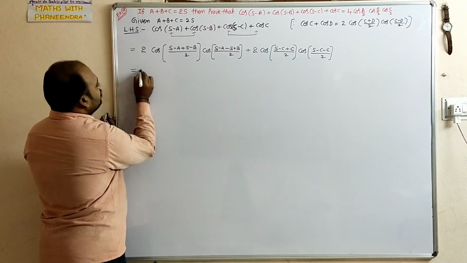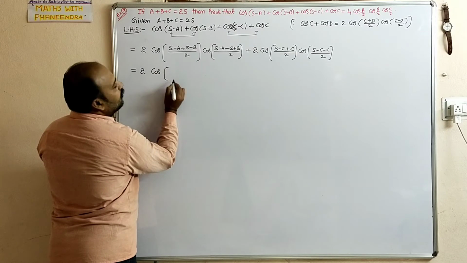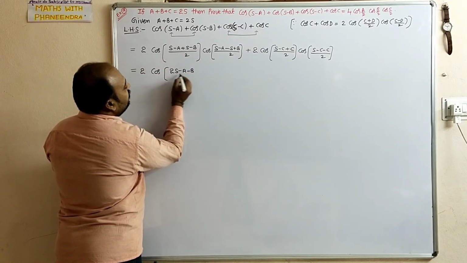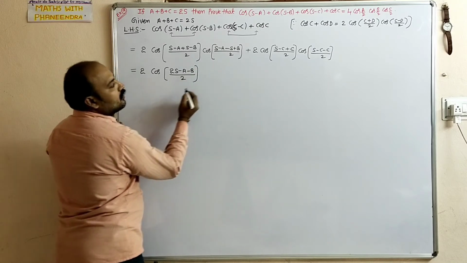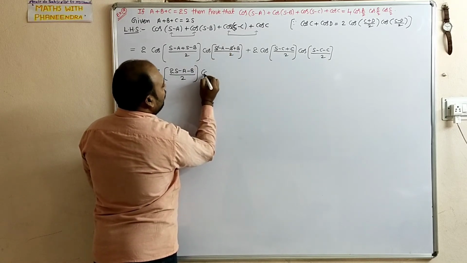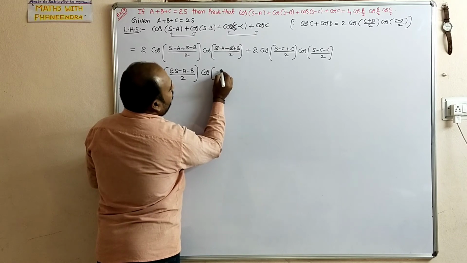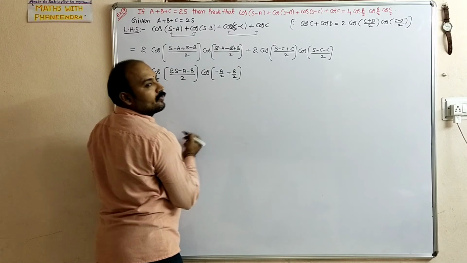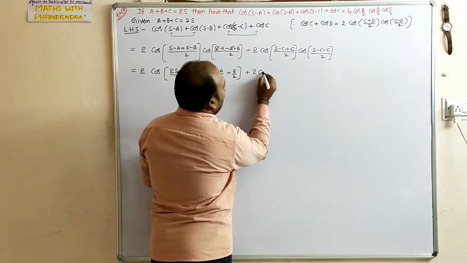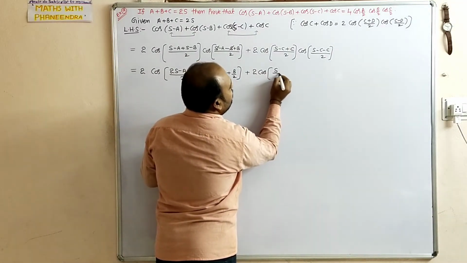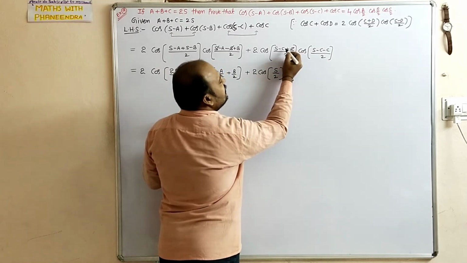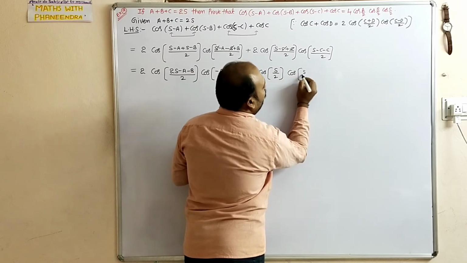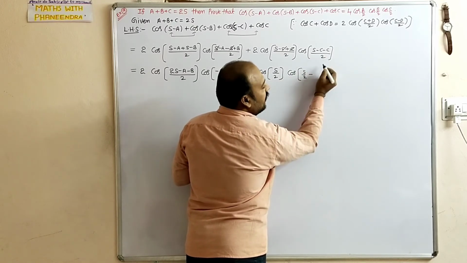Now one by one we will simplify. 2 into cos of (2S−A−B)/2, minus S plus S get cancelled, cos of (−A/2 + B/2), plus 2 into cos of S/2, plus C minus C get cancelled, cos of S/2 minus 2C/2, so minus C.